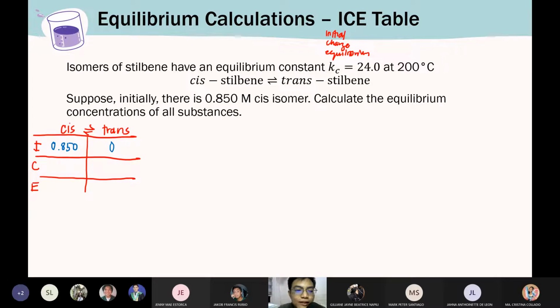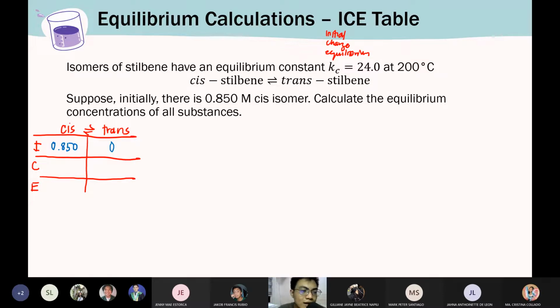Ngayon, you proceed with the next one, the C, or the change. At tanungin ko kayo, given yung initial concentration na yan, which side will increase in concentration? Or which side will decrease in concentration? Sino kaya madadagdagan? Sino kaya mababawasan?